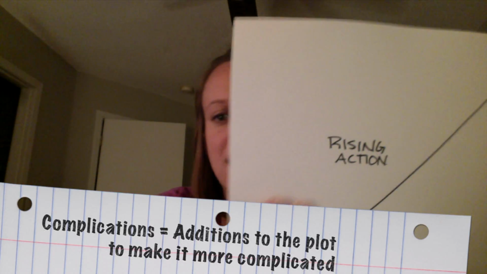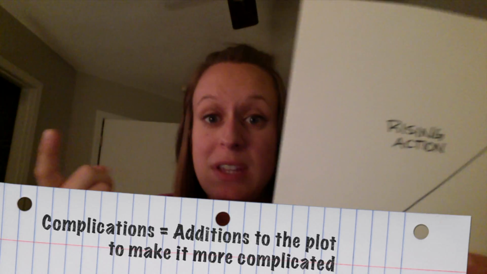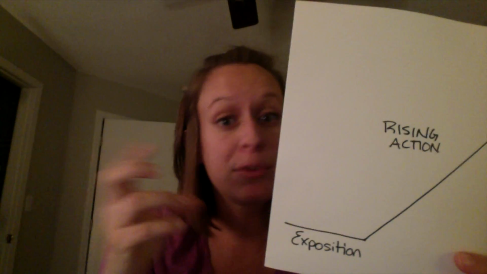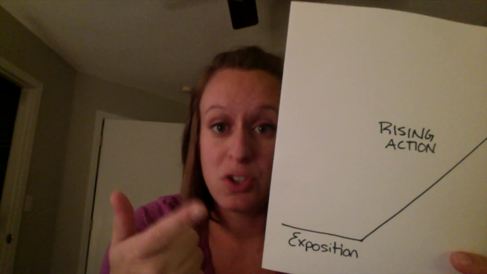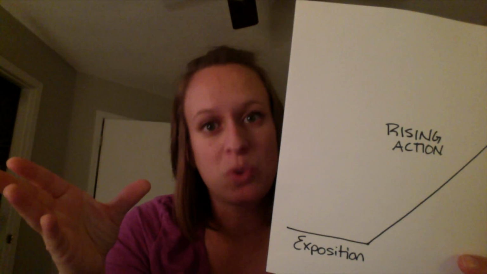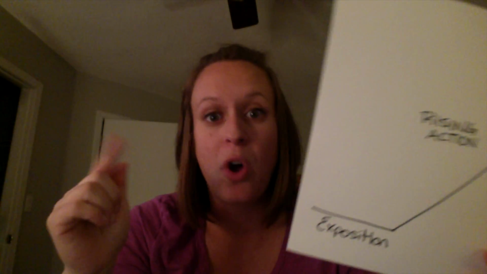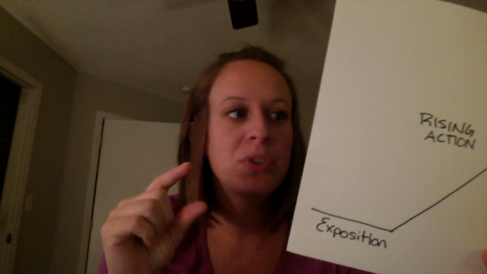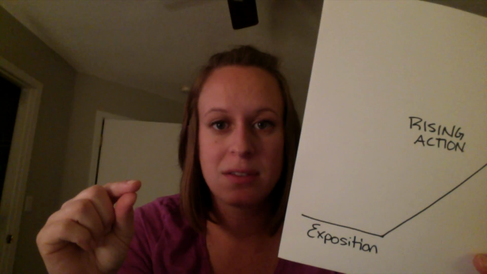Now, in this rising action area, you sometimes will see a combination of all three of those: barriers, situations, and complications. But depending on the type of story that you have, and depending on how long that story is, sometimes you'll only see one or two of those things.